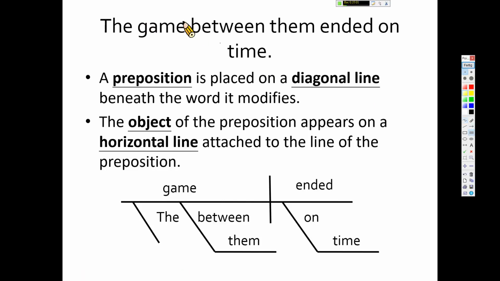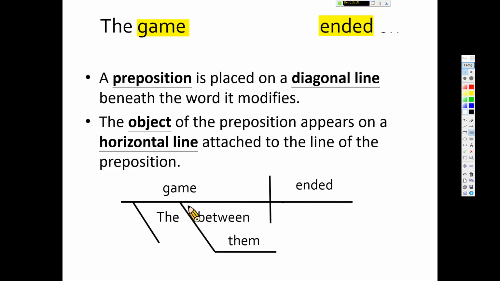The most important part of the sentence is game ended, right? And we can take away on time, no problem. You can see the difference. And of course, we can also take away between them, and no problem. The game ended.